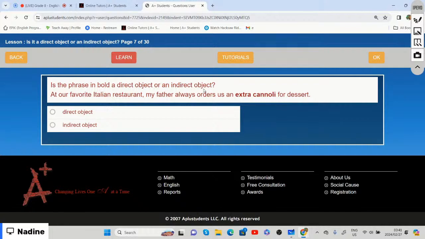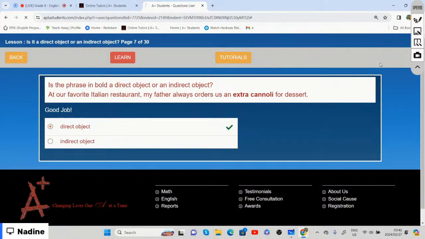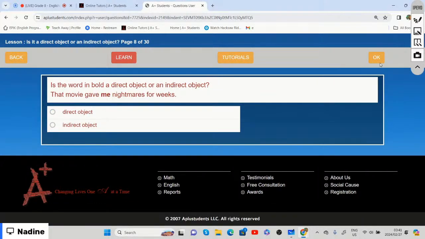So we need to say, is that a direct object or an indirect object? My father always orders extra cannoli for us. So extra cannoli is our direct object. So well done, direct object is correct.